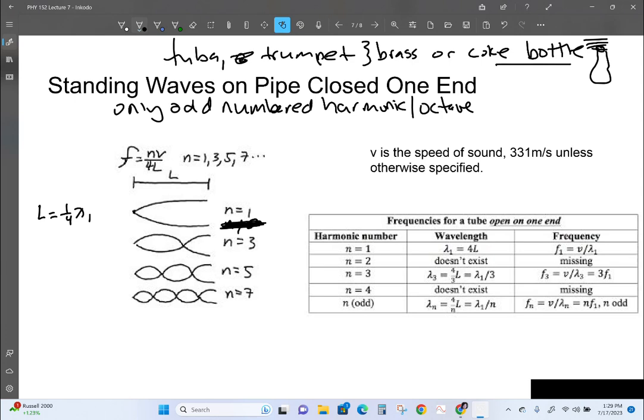And the formula that relates that is f equals nv all over 4L, because instead of this going up by multiples of halves, it's going up by multiples of fourths, and it's going up by the odd multiples of the wavelength.